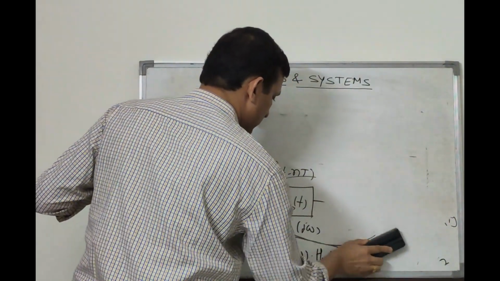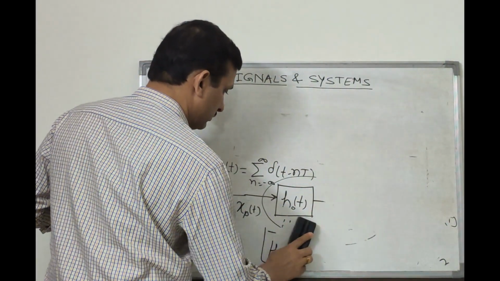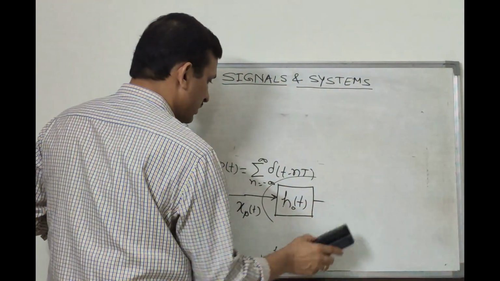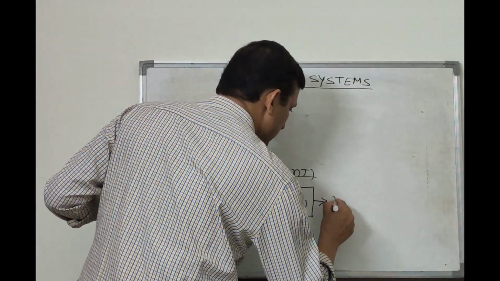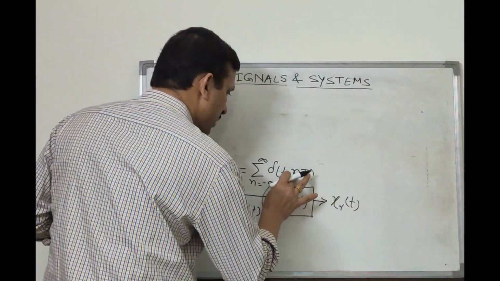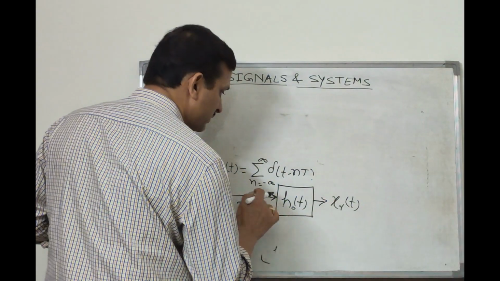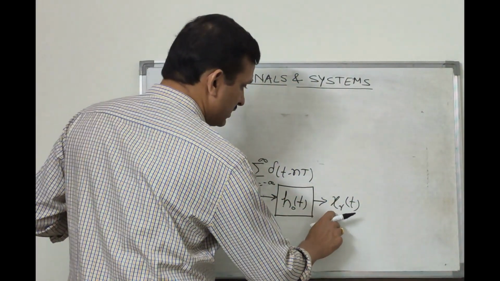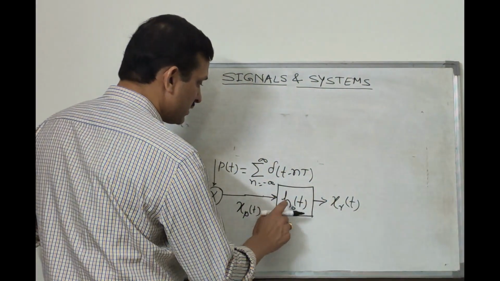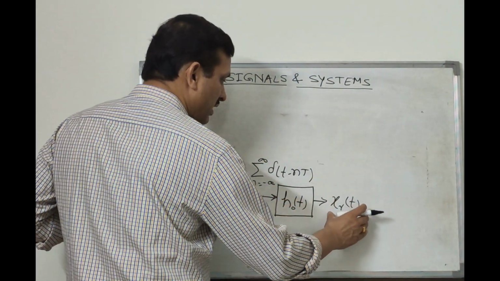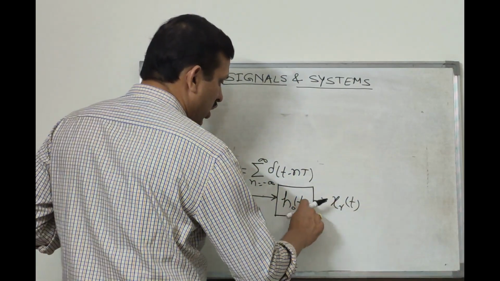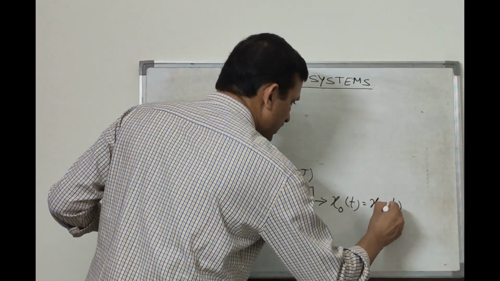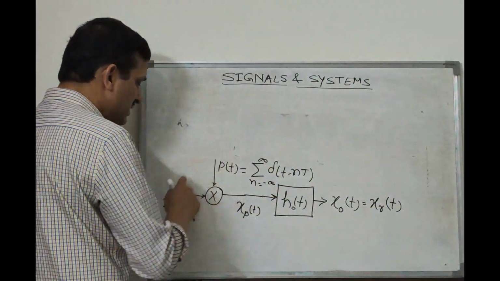If the situation is like this, and we take the output of the zero order hold, which we have called x0(t), as the reconstructed signal xr(t), without applying a separate reconstruction filter, then xr(t) will not match exactly to x(t).